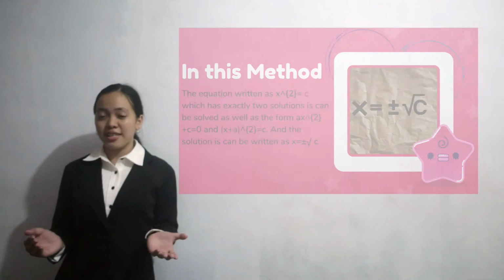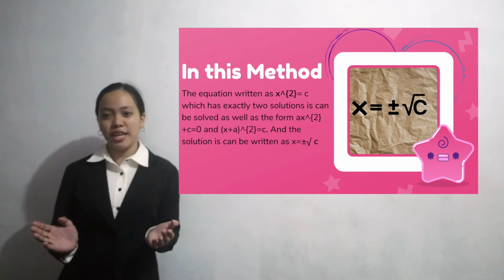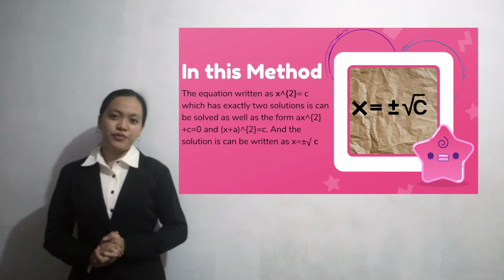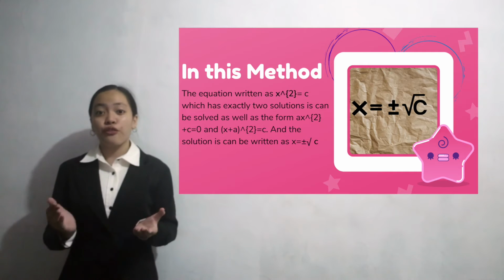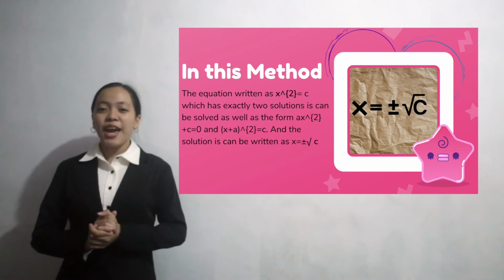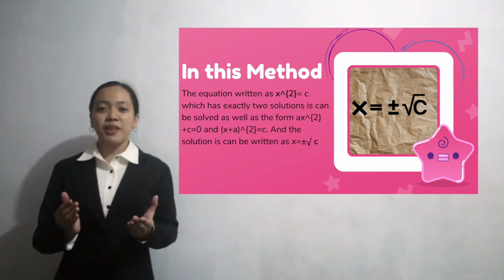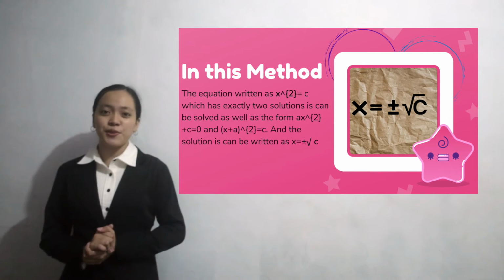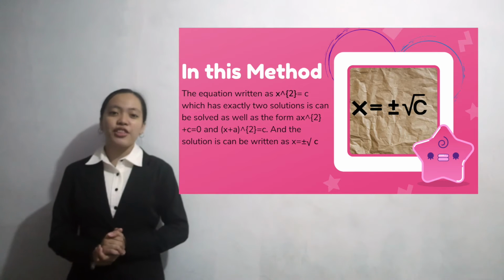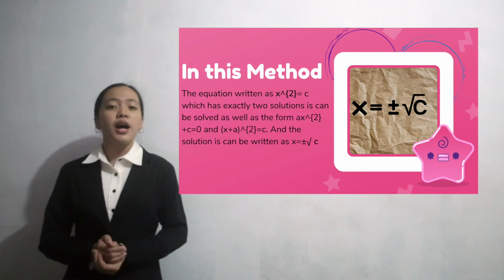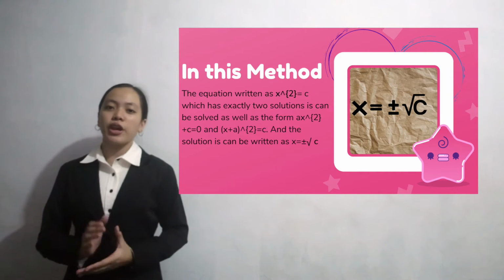In this method, an equation written as x squared equals c, which has exactly two solutions, can be solved, as well as the forms ax squared plus c equals 0 and (x plus a) squared equals c. And the solution can be written in the form x equals positive or negative square root of c.